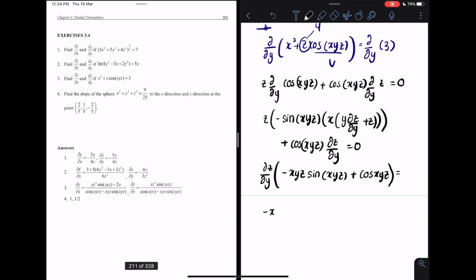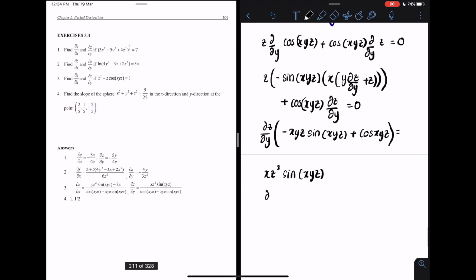not negative, since we bring it on the right hand side, I will get positive xz squared sine xyz, and del z del y equal to xz squared sine xyz divided by negative xyz sine xyz plus cosine xyz.